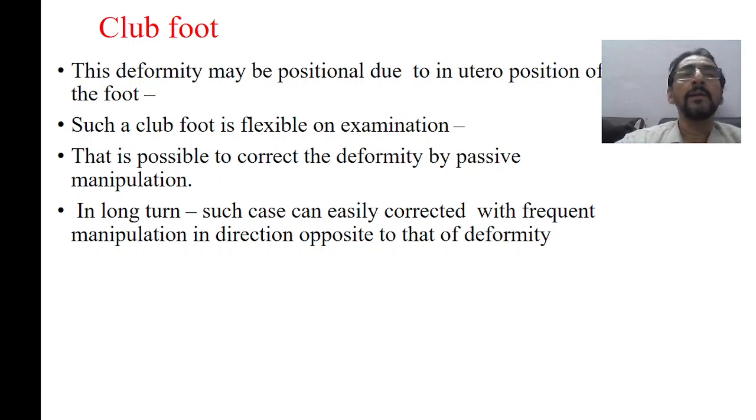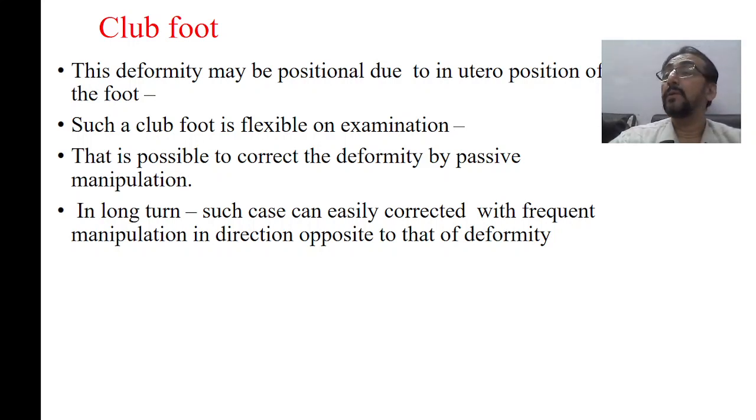Now, this deformity may be positional. Most of the time club foot, okay, whether it is inversion of the ankle joint or eversion of the ankle joint, or whatever we find, most of the time it is a positional defect in the uterus. In utero life, the baby attains that particular position of the lower limb or the ankle joint, in flexed condition or eversion or inversion, whatever condition, and medial rotation.